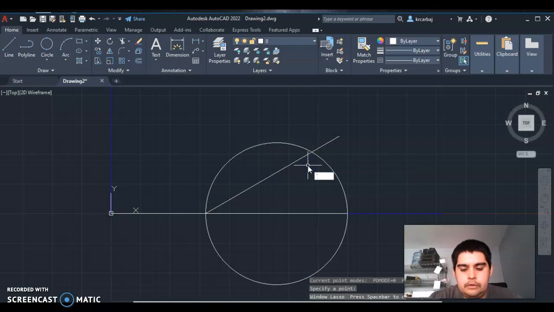Let's do that one more time. Point. And look for that angle. Then go properties.